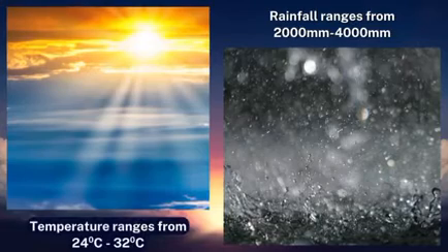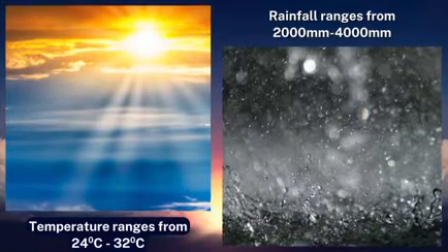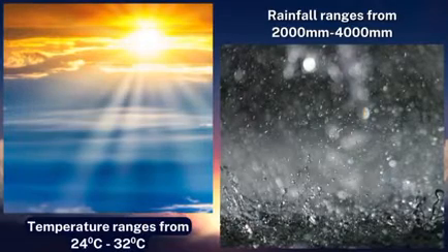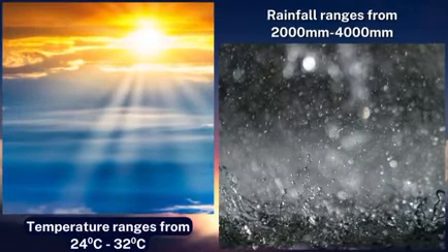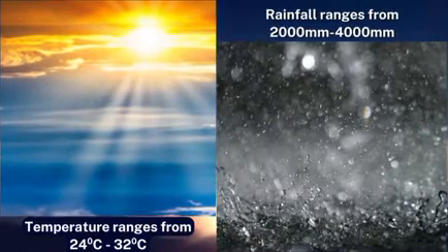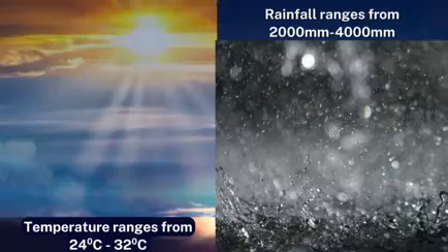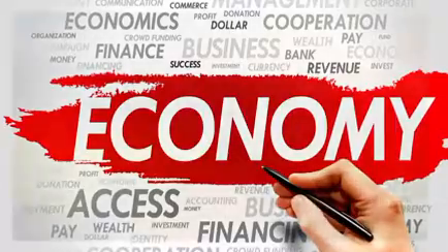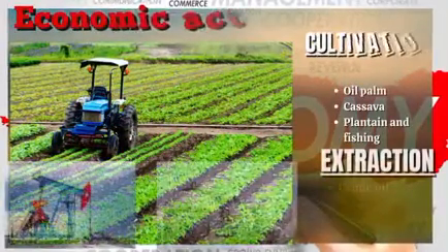The region is always wet with rainfall ranging from 2,000 millimeters to 4,000 millimeters per annum, the highest of all the regions in Nigeria. And the temperature ranges from about 24 degrees Celsius to 32 degrees Celsius, which is moderate and adequate. Also, the vegetation is of the middle belt and cuts across a lot of variation.